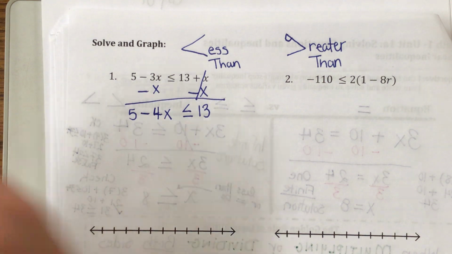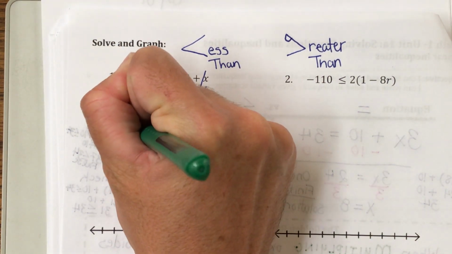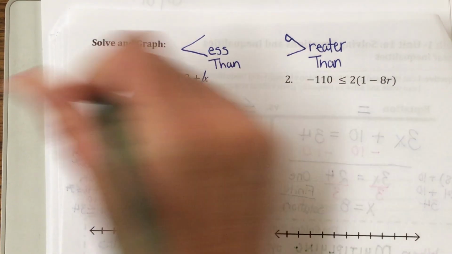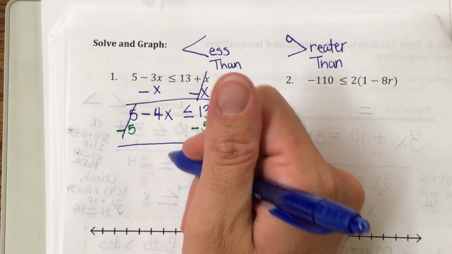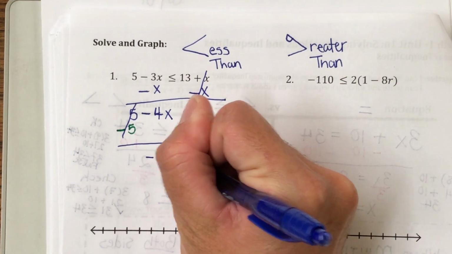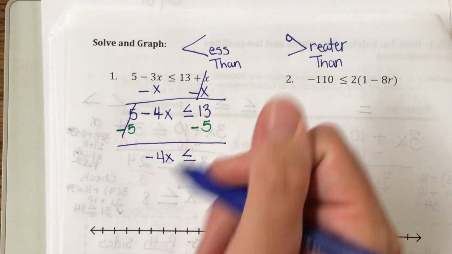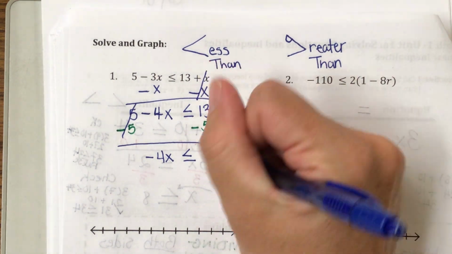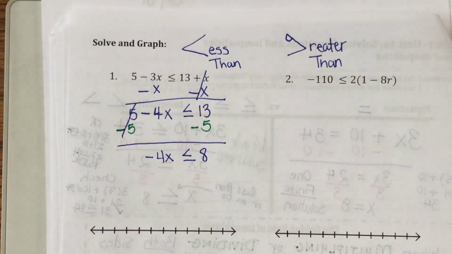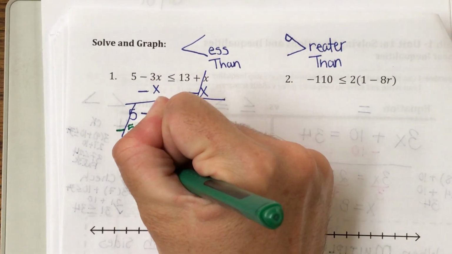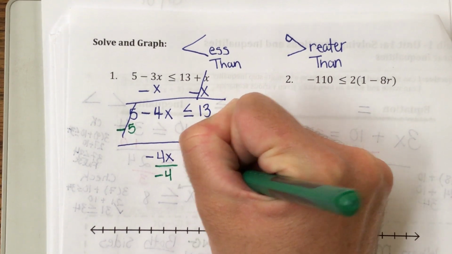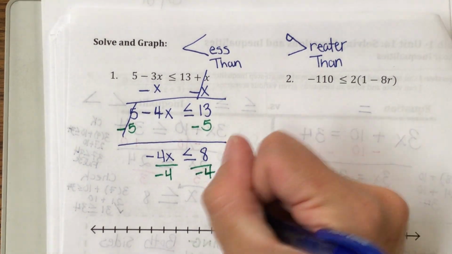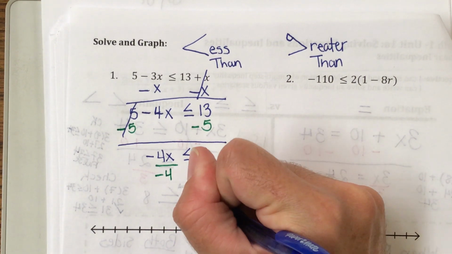So now I'm going to subtract the 5 from the 13, leaving me with negative 4x is less than or equal to, so 5 from 13 is 8. And then now, last, I'm going to divide both sides by a negative number. Divide by negative 4. So 8 divided by negative 4 is negative 2.